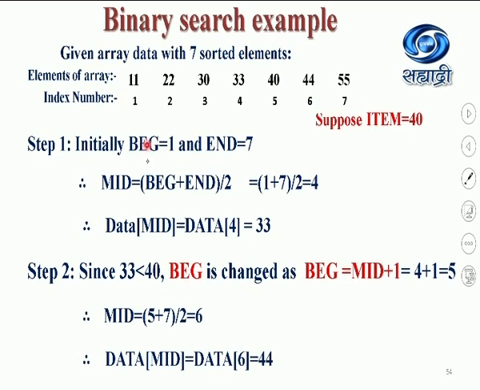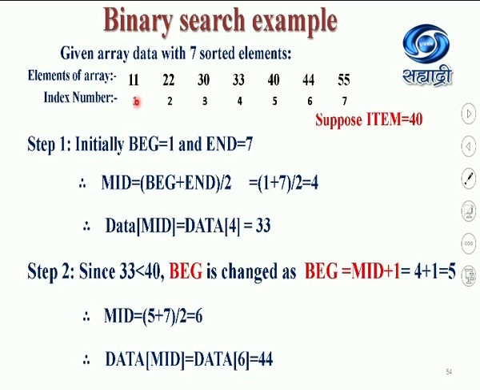So step 1: initially beg is equal to 1 and end is equal to 7. These two variables we use to find the middle element, the middle value. So beg is 1, that is the lower bound, and end is 7, that is the upper bound. Therefore mid is equal to (beg plus end) divided by 2.